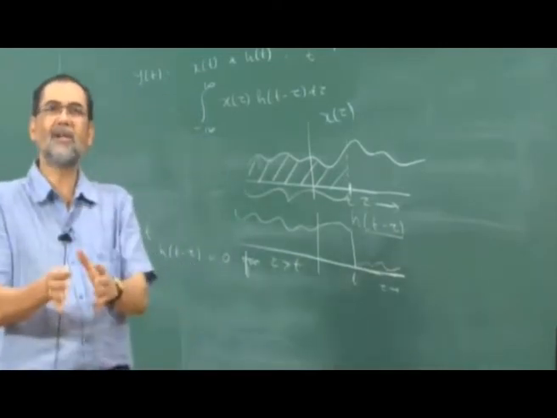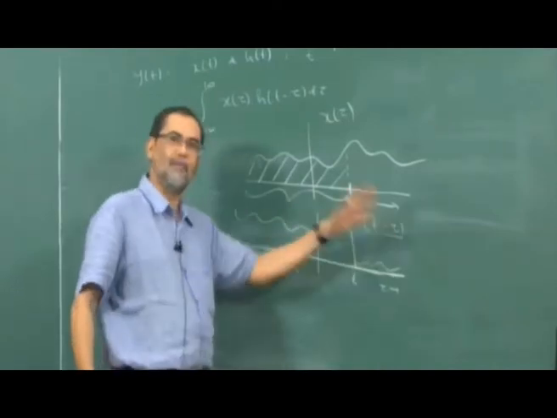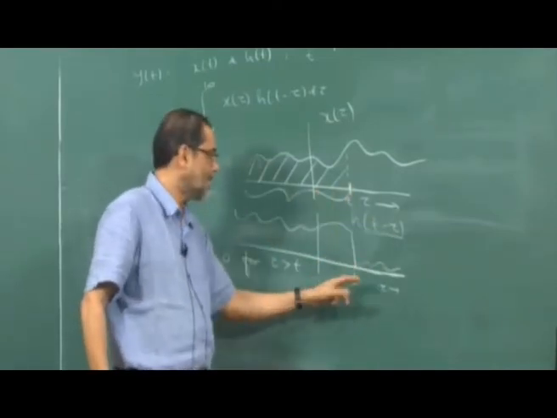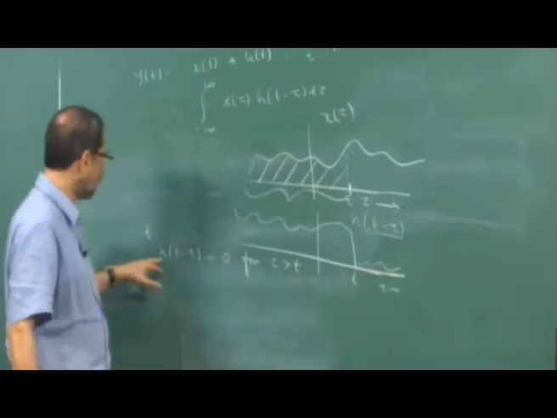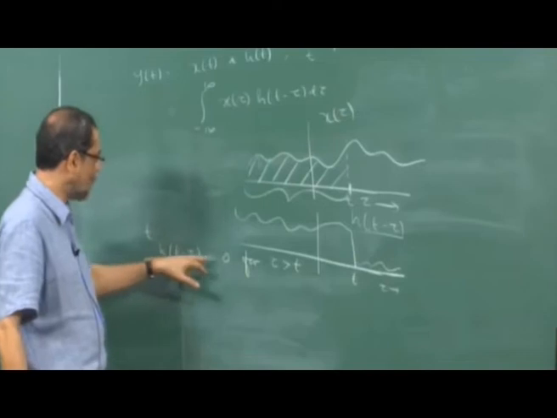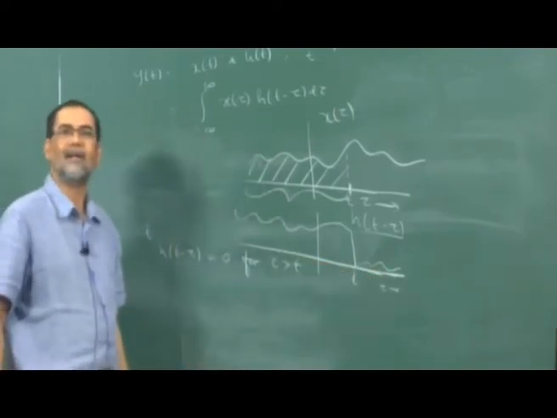So for the system to be causal, the impulse response, in this case the flipped and delayed version, this part should be 0. I'm saying h of t minus tau should be 0 for tau greater than t.